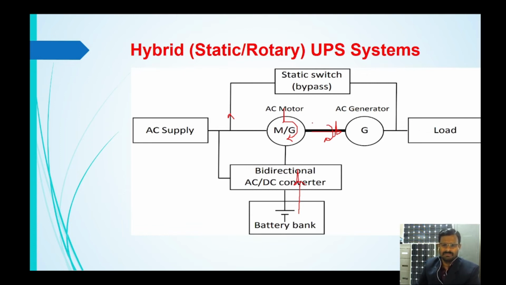So this is a hybrid, where we have rotary parts as well as a static part. There is an inverter converter device here. Also we have a motor generator here.